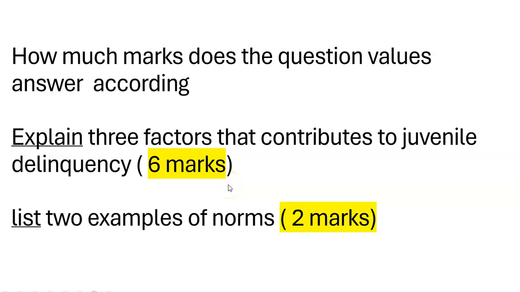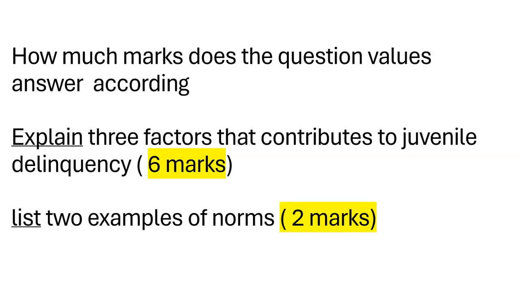So for each factor, you write one factor that contributes to juvenile delinquency, for example poor parenting. You write your explanation. What do you mean by poor parenting? Each explanation for the 3 factors will carry 2 marks, giving you your full 6 marks.